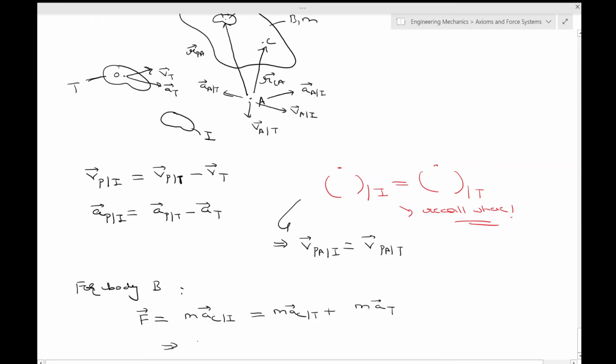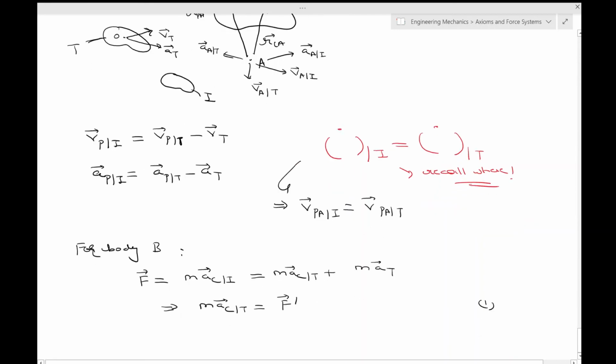this implies that MAC with respect to T is equal to F dash. Okay, and clearly F dash is equal to F plus minus MAT.